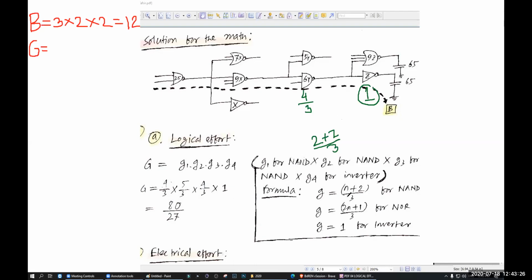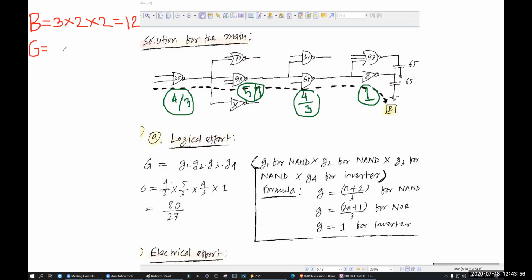So again, n plus 2 divided by 3. So here you have 3. So 3 plus 2 divided by 3. So how much? 5 by 3. And again, this is 2 input NAND gate. So this will be 4 by 3. So you do not need these anymore. So we can call it, this is your G1, this is G2, this is G3, this is G4.